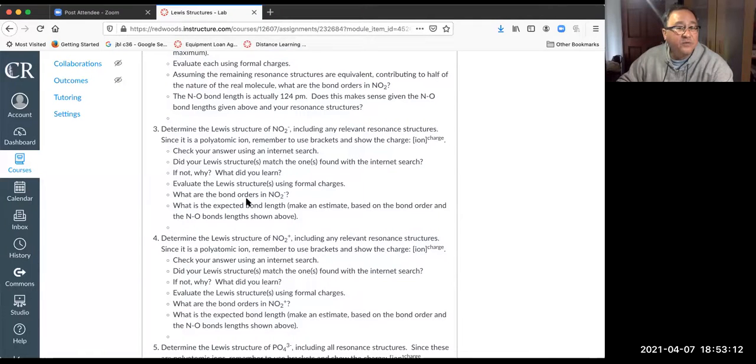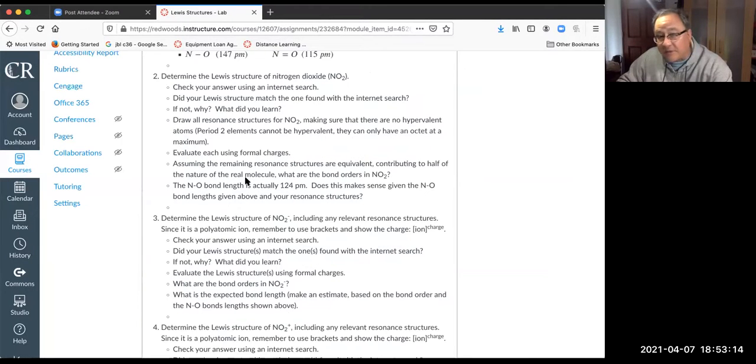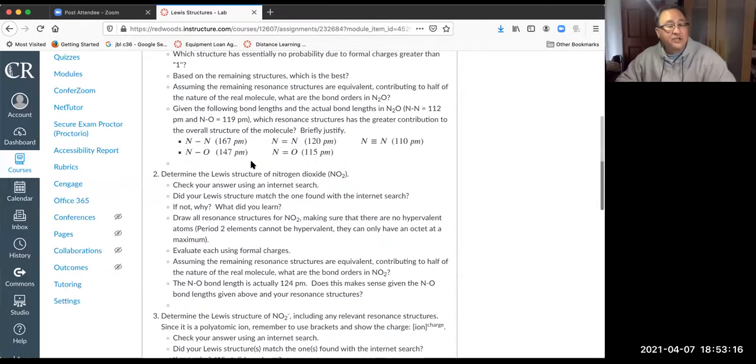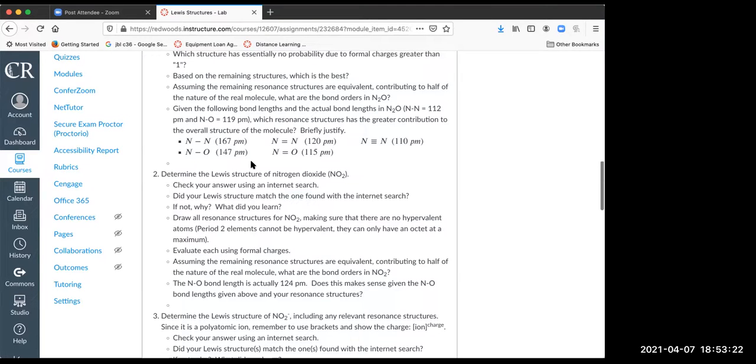Can you see that we can use numbers from the previous problem, which says a nitrogen oxygen single bond is 147? And what is a double bond? A nitrogen oxygen double bond is 115.